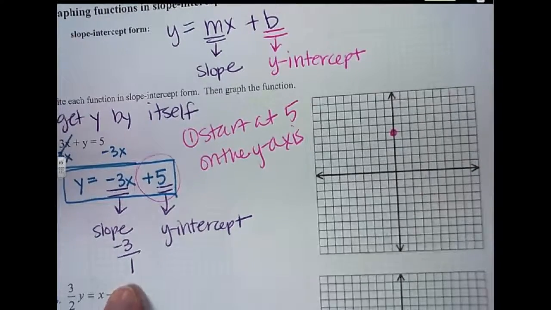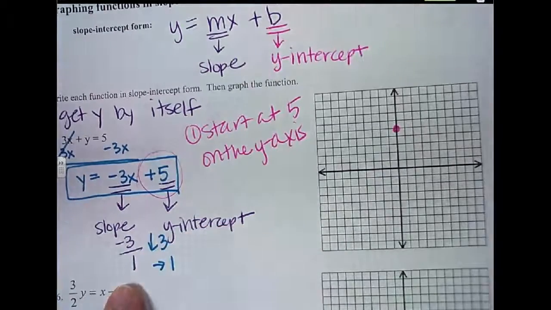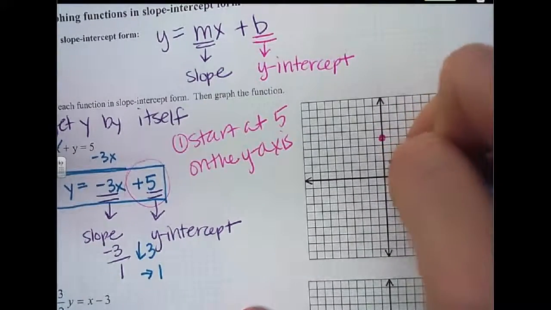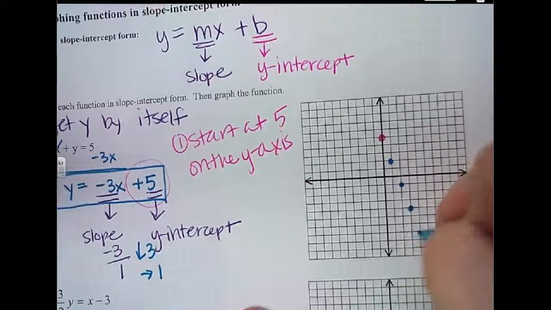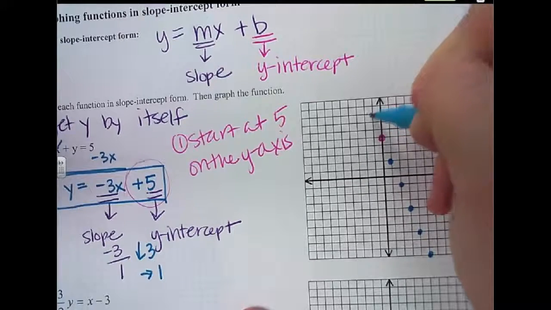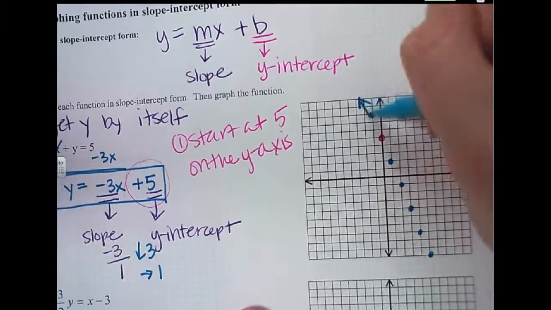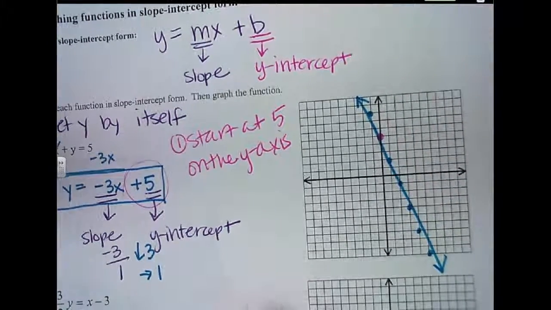Perfect. And now I want to use my slope. So I'm going to go down 3 and to the right 1. Again, a negative slope should go downhill from left to right.